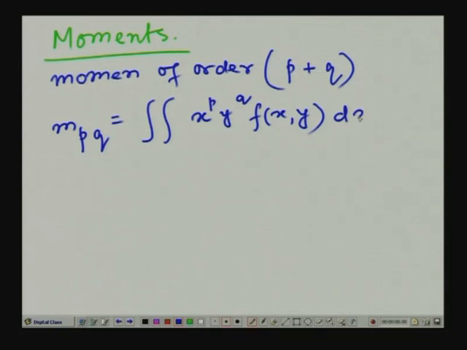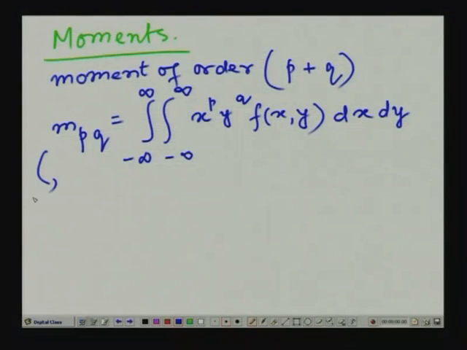This integral has to be taken in the limit minus infinity to infinity over y and minus infinity to infinity over x. So, this is the definition of a moment of order p plus q for a normalized gray level image f x y.